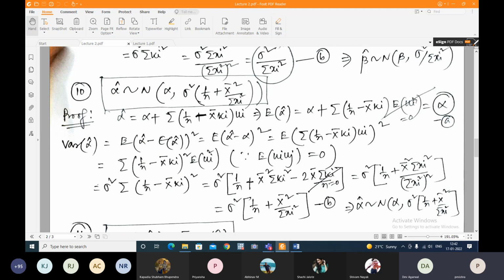So when you do that, say it is a plus b whole square, right? So you will have a square plus b square plus 2ab.